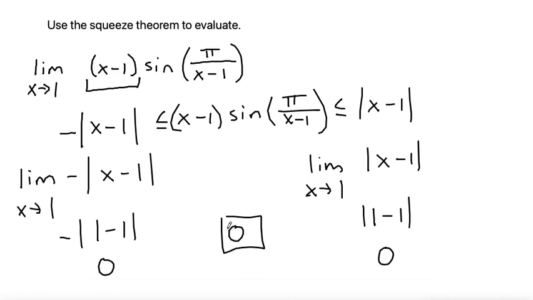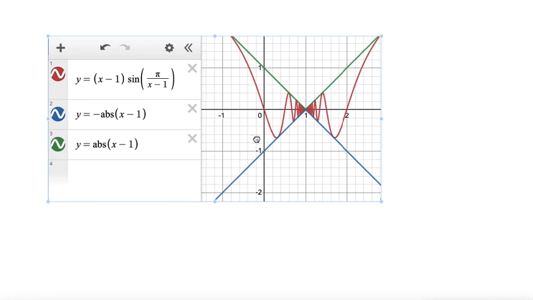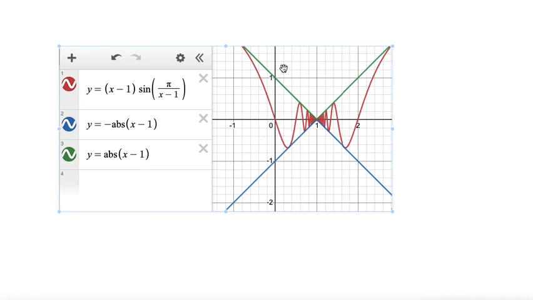And to show you what that looks like graphically, I pulled up a graph from Desmos. The negative absolute value of x minus 1 remains under the function in question, which is the red function, at all times, and the positive absolute value of x minus 1 is always above.